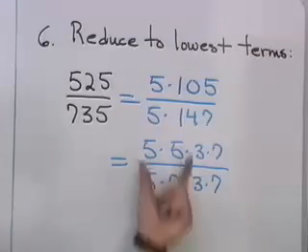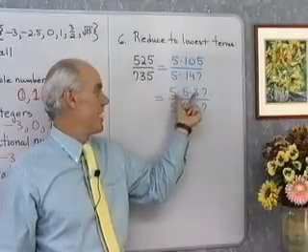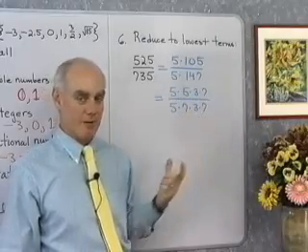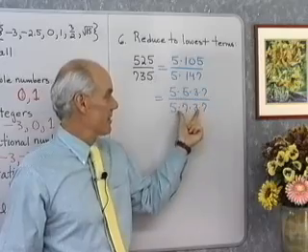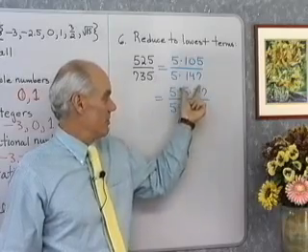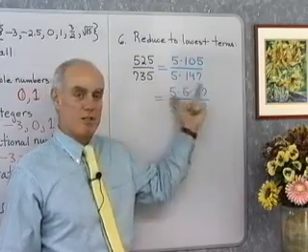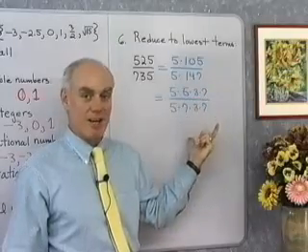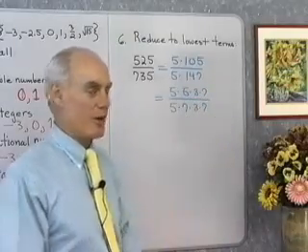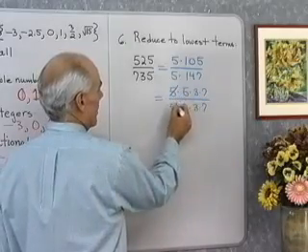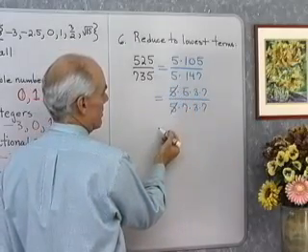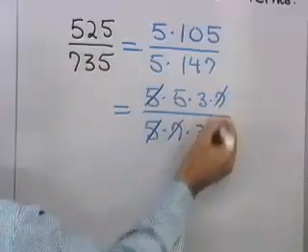So here I've taken this fraction and factored the numerator and denominator into the product of prime factors. None of these factors can be factored any further. Now, to reduce this fraction to lowest terms, I simply divide the numerator and denominator by any factors they have in common, and I show that by doing this. I draw little slashes through the 5s, that's common to the numerator and denominator. That's 7 and that's 7.